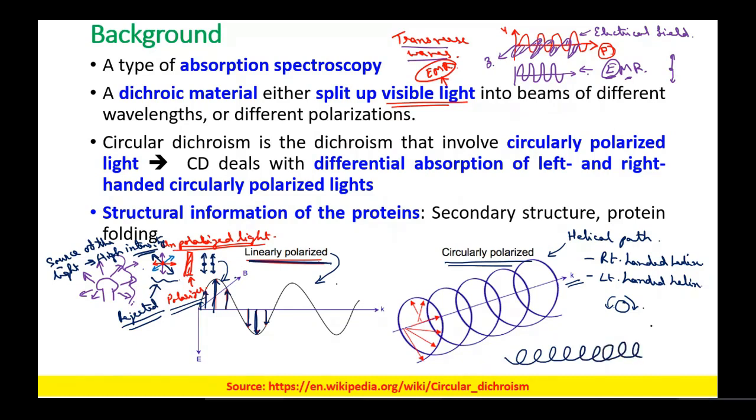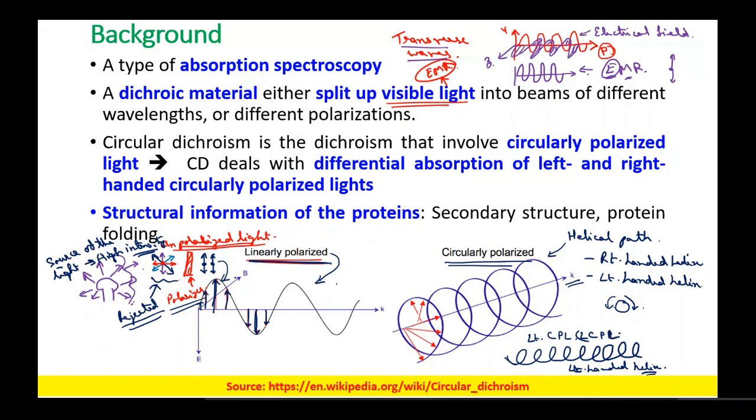It is moving in the anti-clockwise manner. See, I am moving my cursor in the anti-clockwise manner. So that would be the left-handed helix, and hence this light would be called left circularly polarized light, LCPL.